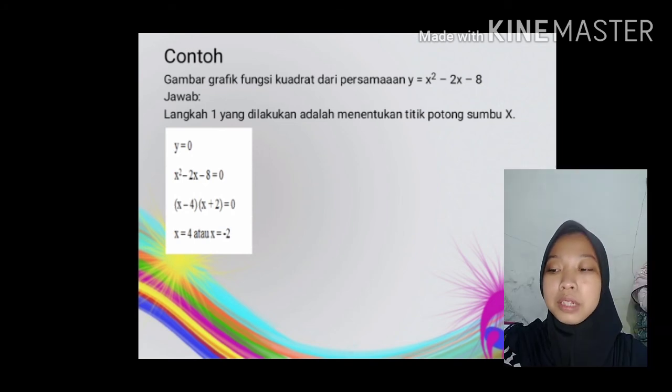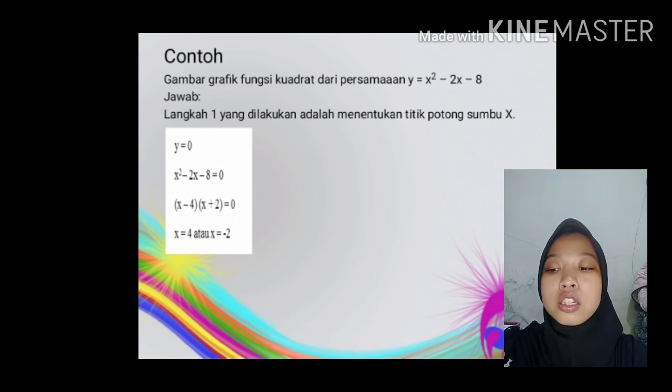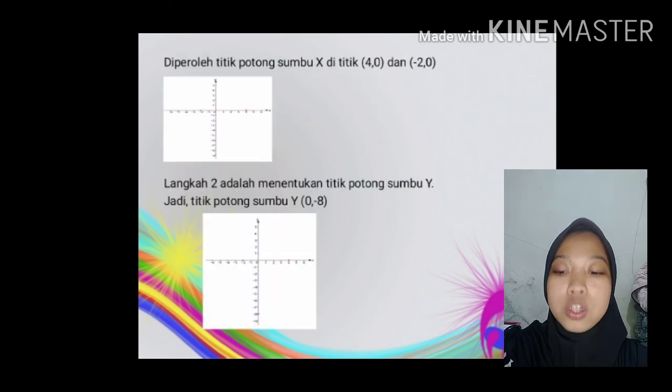For example, the graph of the quadratic function with the equation y is x squared minus 2x minus 8. The first step is to determine the x-intercept. When the x-axis intercept is obtained, it is 4 and 0, and minus 2 and 0.